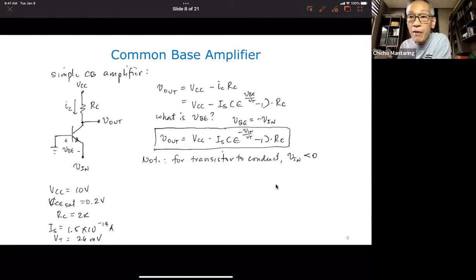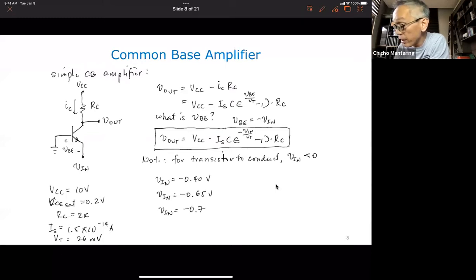Okay, so doon sa mga values kanina na ginamit natin, gagawin ko lang negative because V in has to be less than 0. So let's compute for V out for, okay, negative 0.4 volts, negative 0.65 volts, and negative 0.70 volts. So can you again please exercise your calculator and tell me ano yung magiging V out for V in equal to negative 0.4 volts.